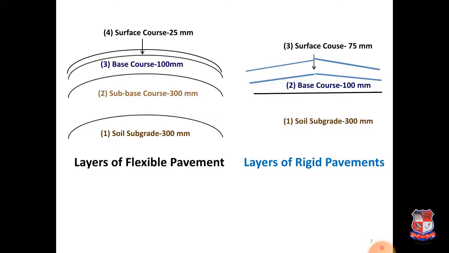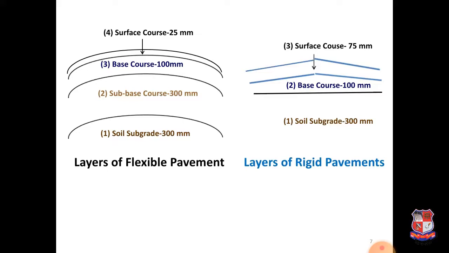Above subbase course, the third layer is base course having thickness approximately 100 mm. Above base course, the fourth layer is surface course or wearing course approximately 25 mm.